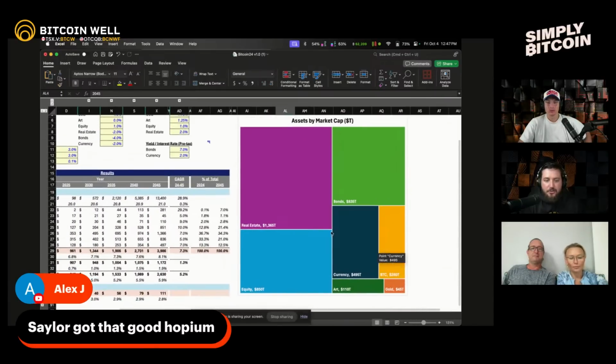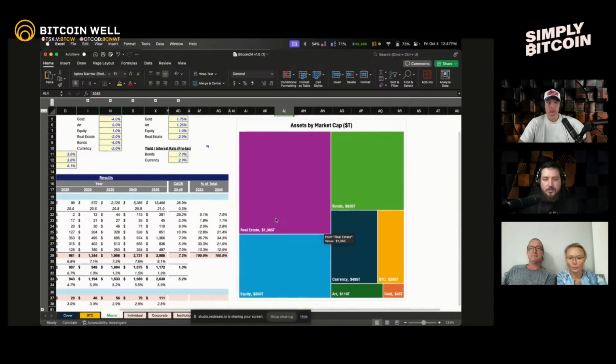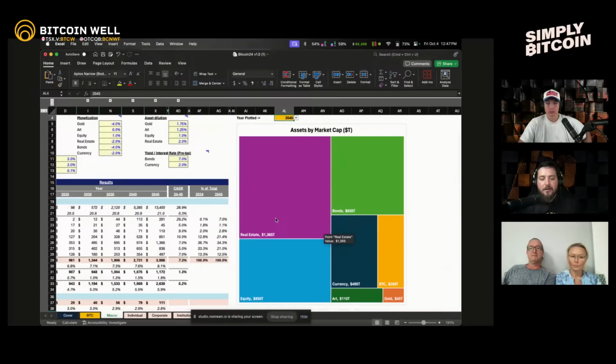For the audio listeners, I'll break it down. So real estate by the year 2045 would be 1,365 trillion. Bonds would be 835 trillion. Equity would be 150 trillion. Currency would be 495 trillion. BTC would be only 280 trillion of that whole total addressable market cap.